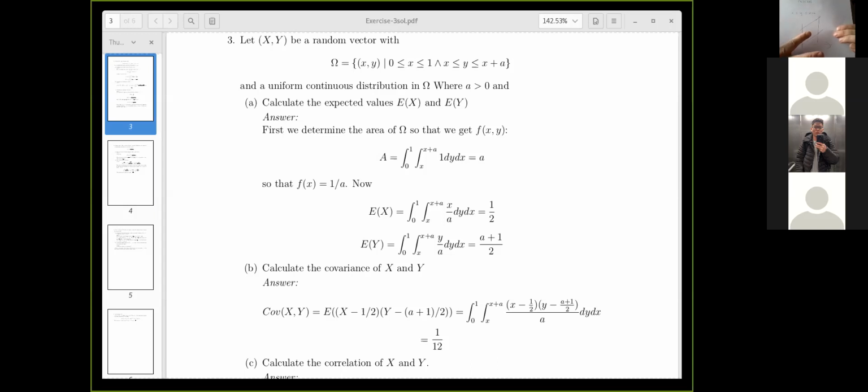But the problem comes with y, because y is from x to x plus a. So if x is here, then the expected value of y is in fact x plus 1/2 a. So if x is here, the expected value of y would be 1/2 a. But if x is here, then it's 1/2 a plus 1.